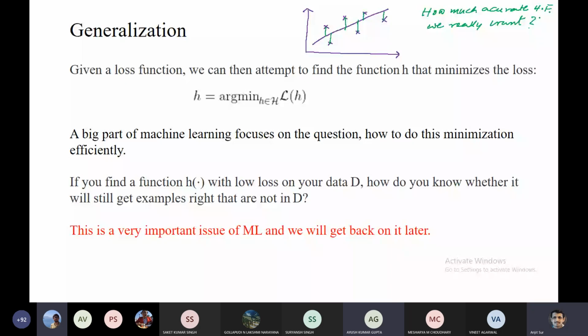So what does this mean? Previously our assumption was this. Now we can relax our assumption.